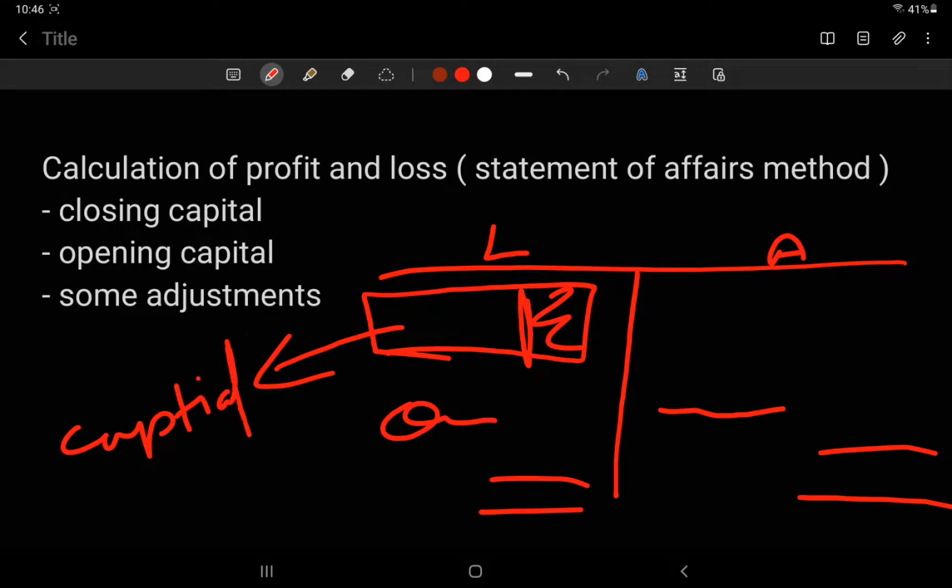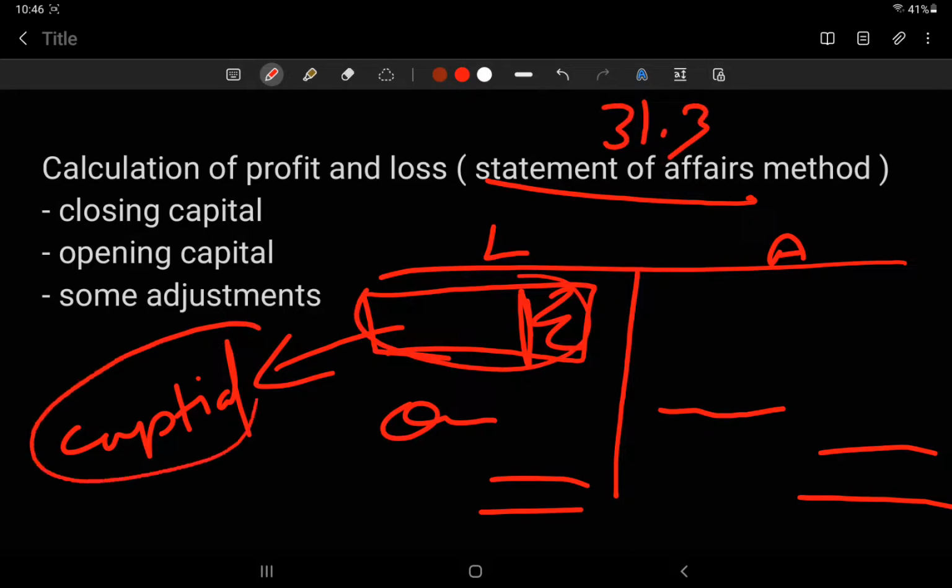When we prepare this statement of affairs for the year ending 31/3, the balancing figure of capital will be known as closing capital, as it is on the closing date, and if it's prepared on 1/4, the opening date, then it will be known as opening capital.